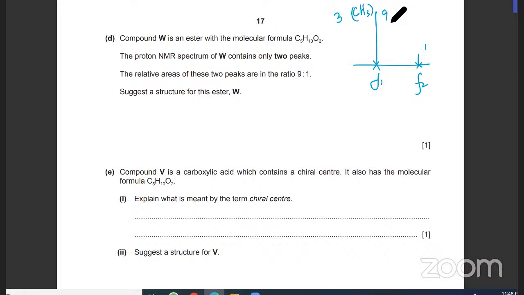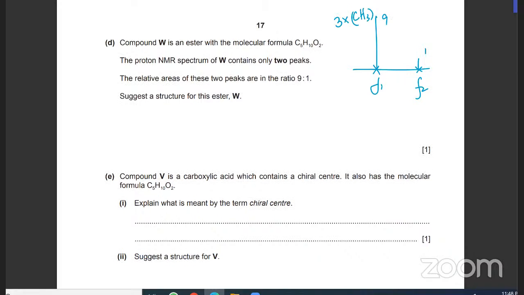And all 3 of them are in exactly the same environment. So how can all 3 CH3s have the same environment? The structure would be something like this. Because that's the only way all 3 CH3s are in exactly the same environment, 9 protons resonating at the same frequency.